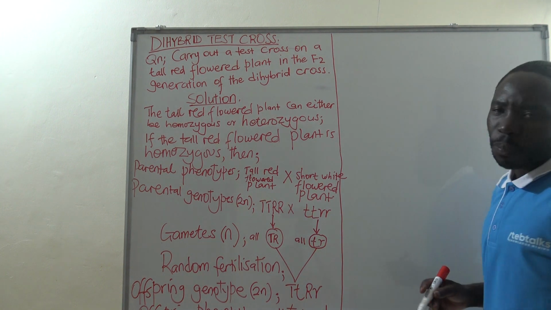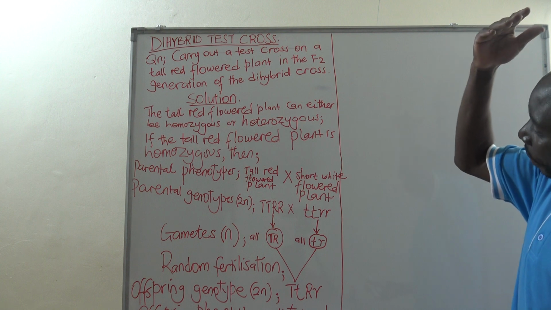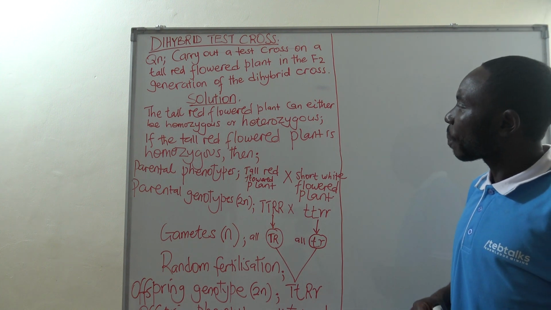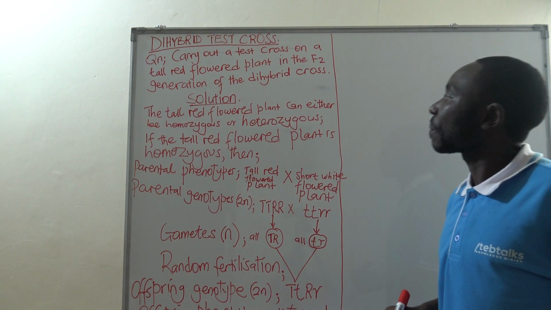So that is the first case. Case number 2 is when the parent with dominant characters is heterozygous.